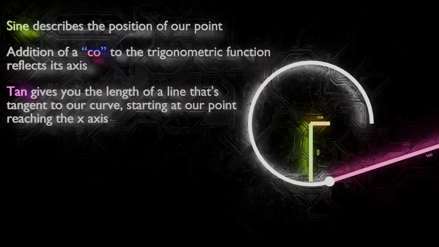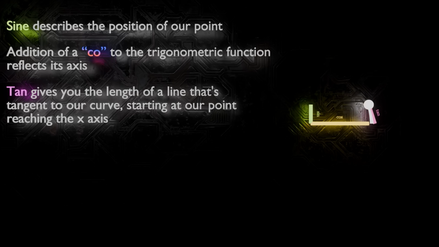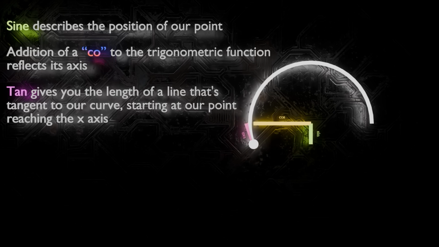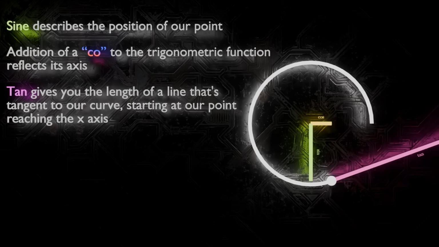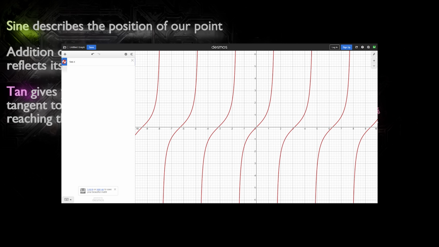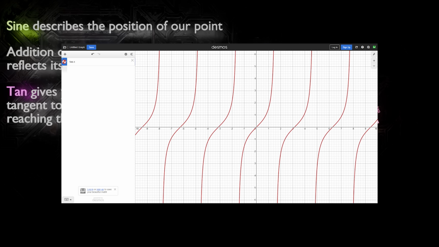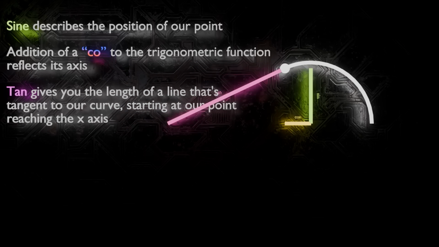So wait, tangent goes up to positive infinity, and then just switches back to negative infinity instantly? How does that make sense? Well, if you look at the graph of a tangent in Desmos, for example, it starts off at 0, then it goes to infinity, and then it comes back from negative infinity. And the cycle repeats. It does actually work.